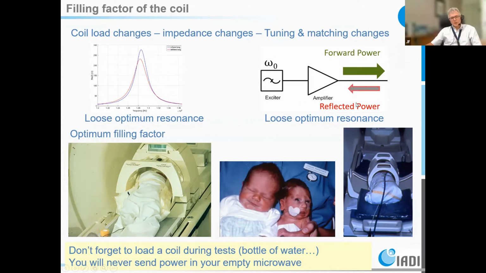It's like at home, if you start the microwave without something to cook. This is dangerous because the system will send some power, but it's not perfectly tuned, and the power is coming back because you have no load. So think about this. Always load the coil perfectly, even if you do a phantom experiment.